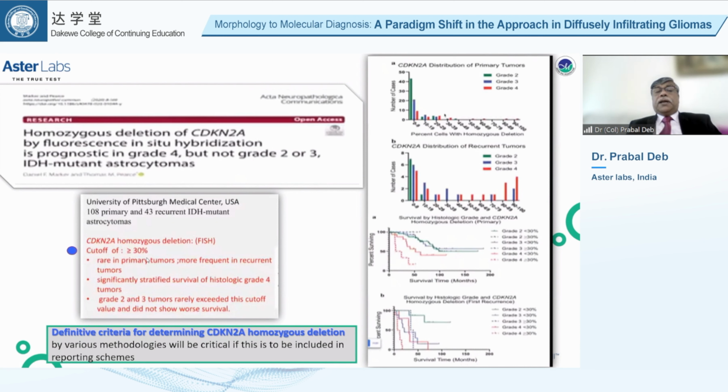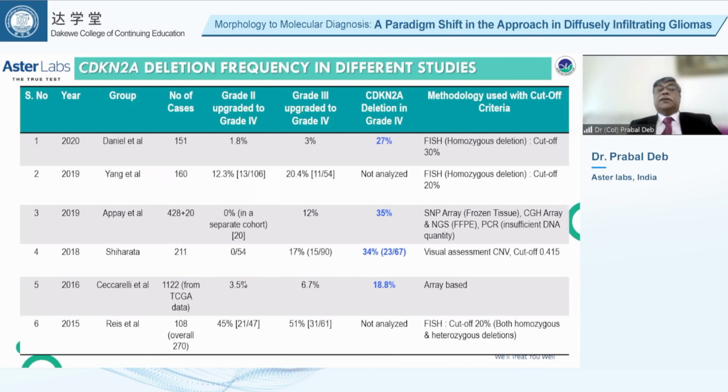They recommended a cutoff of 30%, and they observed that it is rare in primary tumors, more frequent in recurrent tumors, significantly stratified survival of grade 4 tumors, and generally grade 2 and 3 tumors did not cross the cutoff of 30%. So once we see what different groups have assessed for CDKN2A cutoffs, it ranged on average between 25 to 35%.